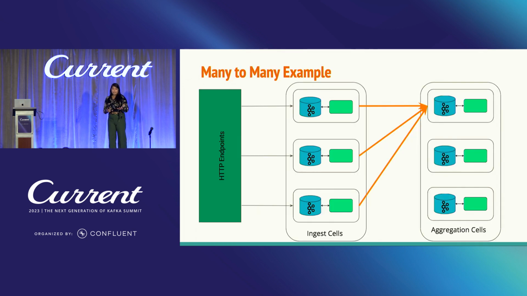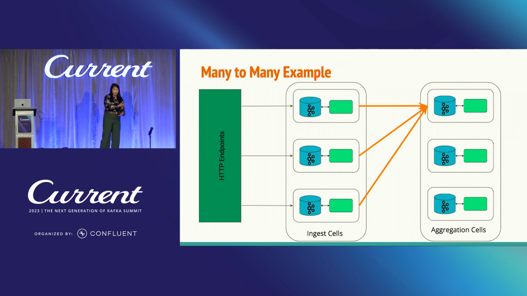So as an example of many-to-many routing, building on that ingest cells into aggregation cells example, we could have a customer's data being spread across 3 different cells. In order for aggregations, say for alerts, for that customer to be correct, all of that data needs to be sent to the same aggregation cell so that it's processed by the same service.